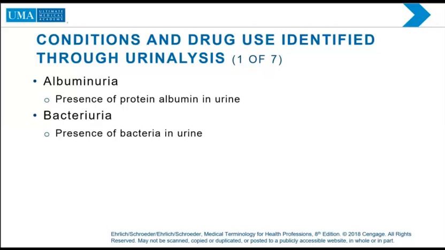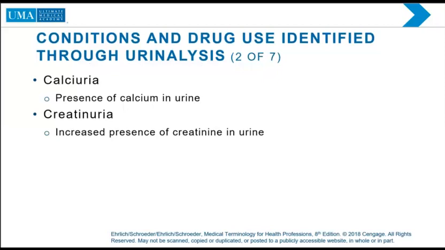Conditions and drug use identified through a urinalysis. Albuminuria is the presence of protein albumin in urine. Bacteriuria is the presence of bacteria in the urine. Calciuria is the presence of calcium in urine.